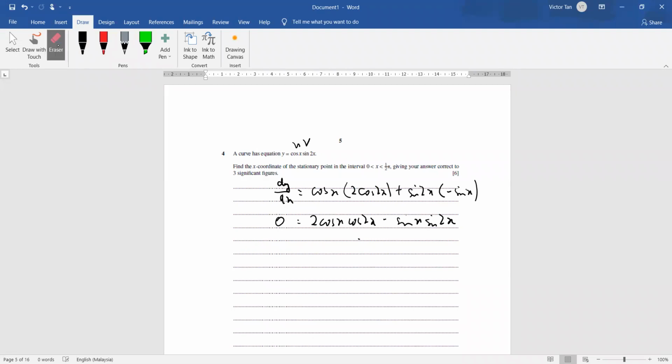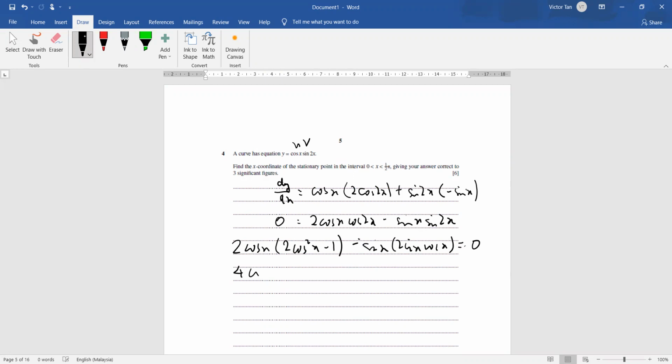Sometimes things don't want to come up. 2 cos x (2 cos square x minus 1) minus sine x times 2 sine x cos x equals 0.